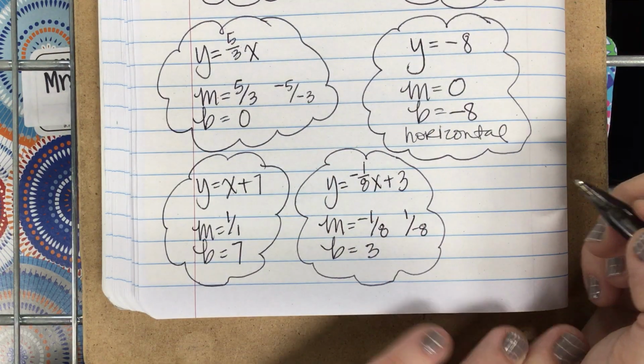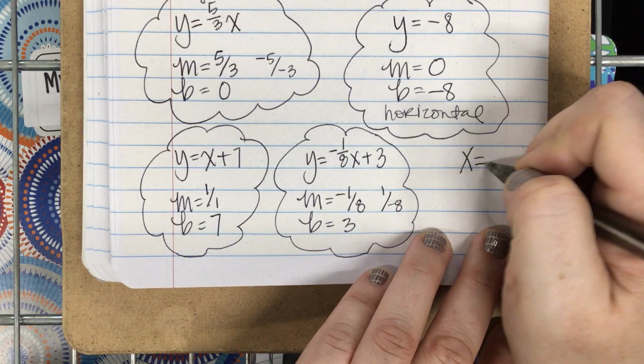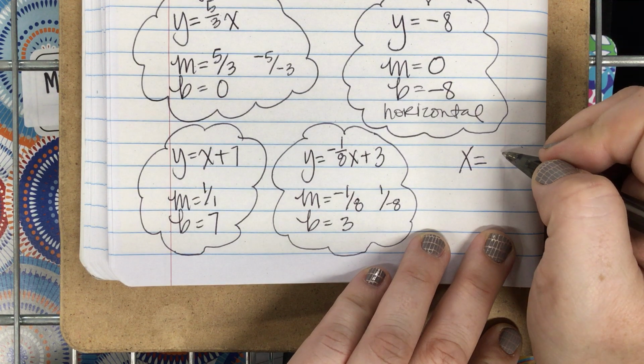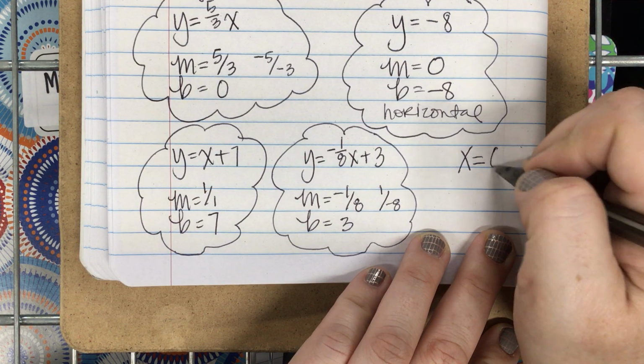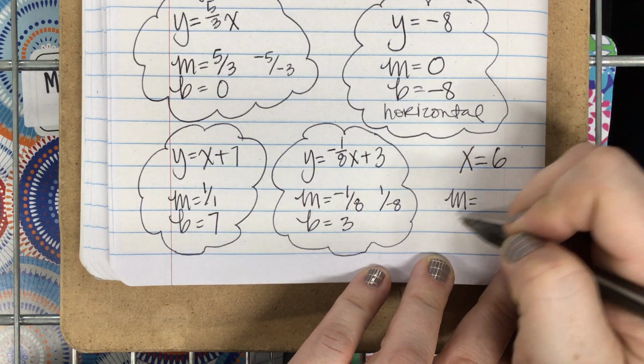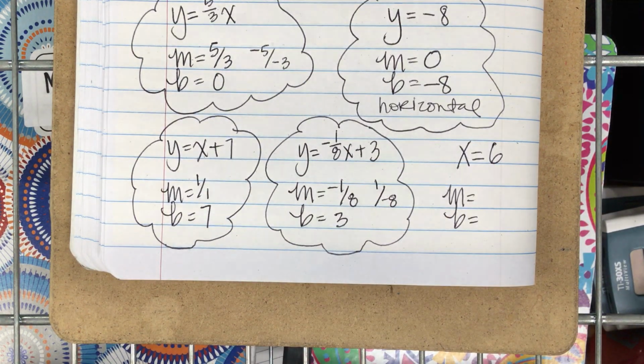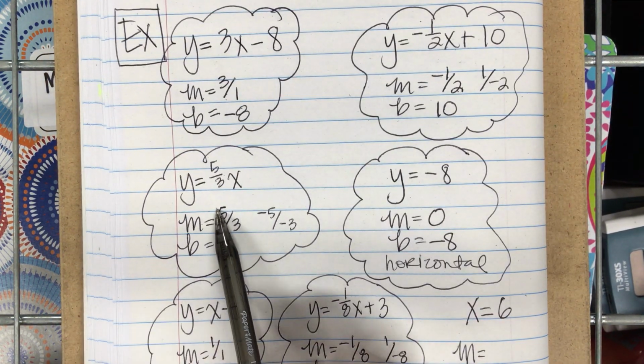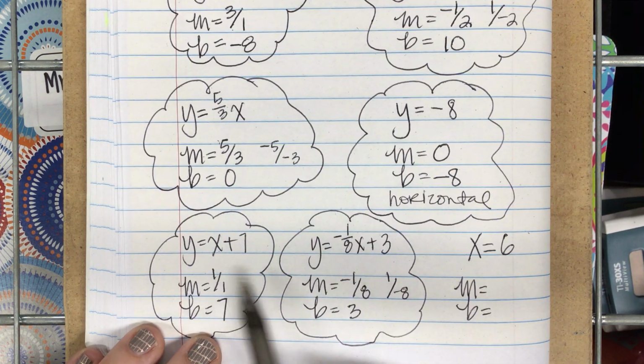6. And last but not least, x equals 6. Y equals? So here's a good question. Every other problem has started with y equals, correct? Meaning, if it starts with y equals, I can find my slope.